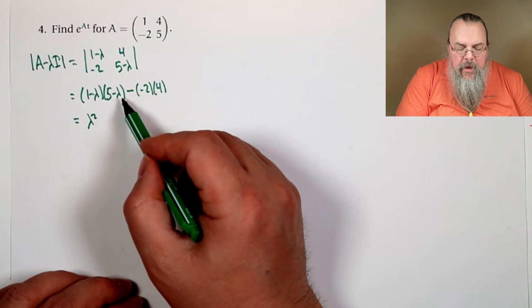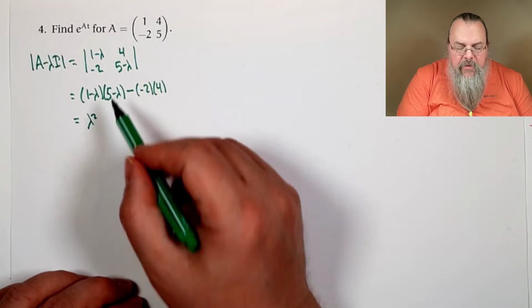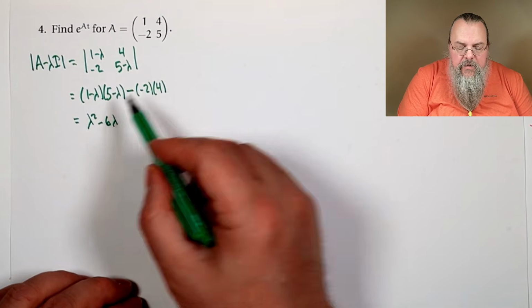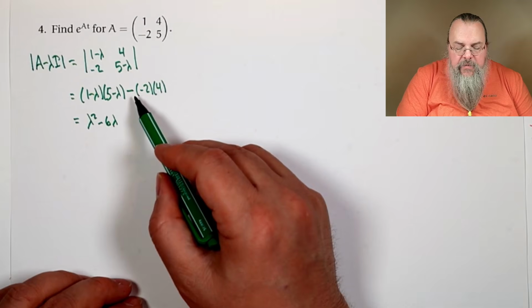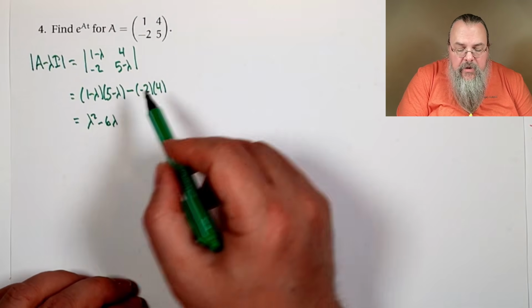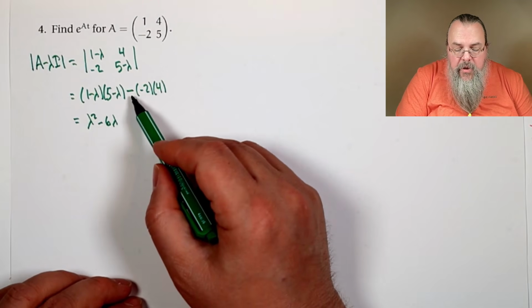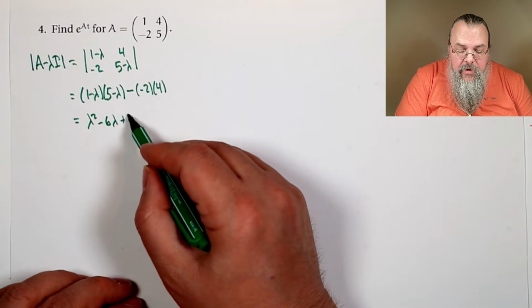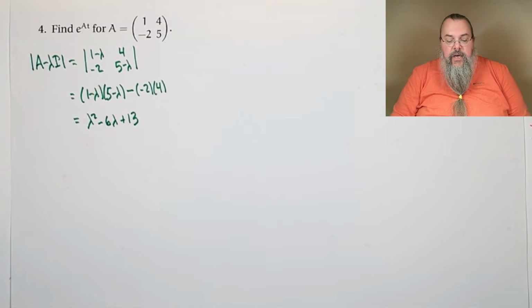And then we're going to have a minus lambda and a minus 5 lambda. That's minus 6 lambda. And then there's a 5, and we have here a plus 8. 5 plus 8, 13.